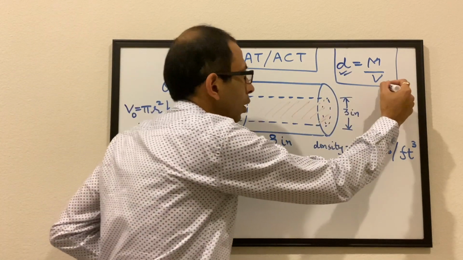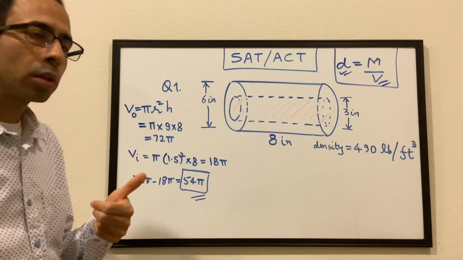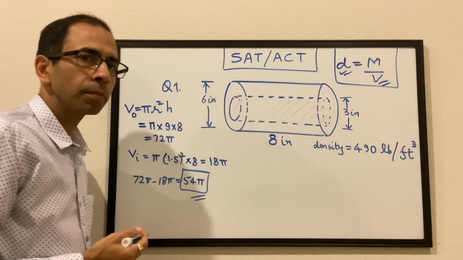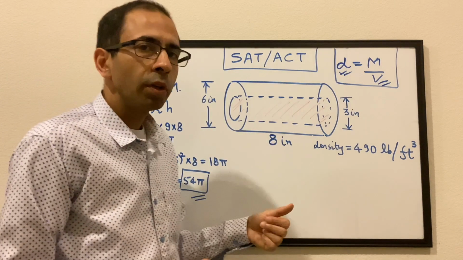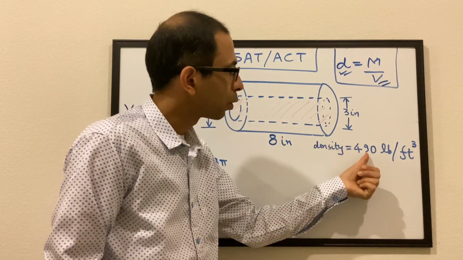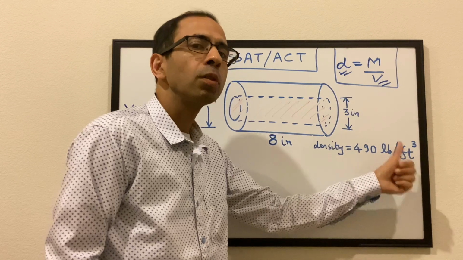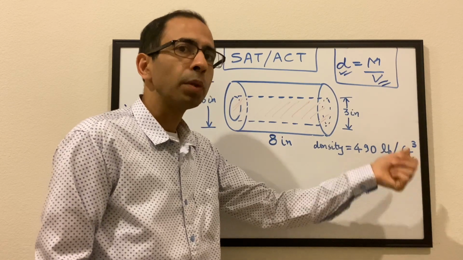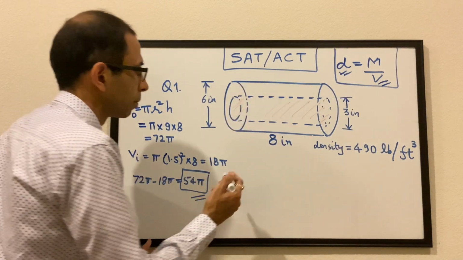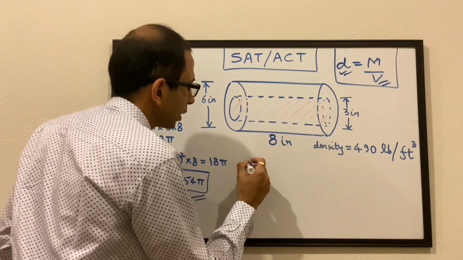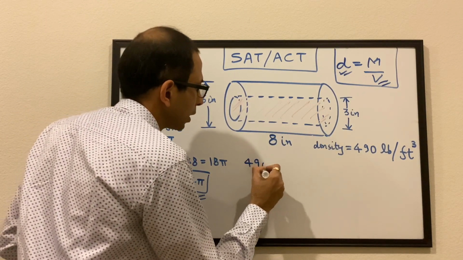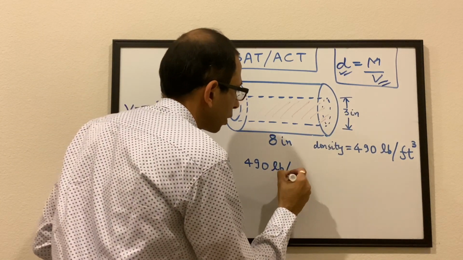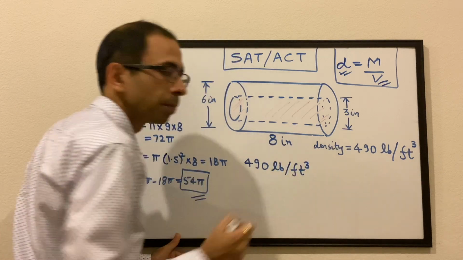So we've got the volume, but we've got the volume in inches cube because all these dimensions are in inches, right? We got to note that the density is given as 490 pounds per feet cube. It is not per inches cube. So we will have to convert feet cube into inches cube. So density is 490 pounds per feet cube, correct?